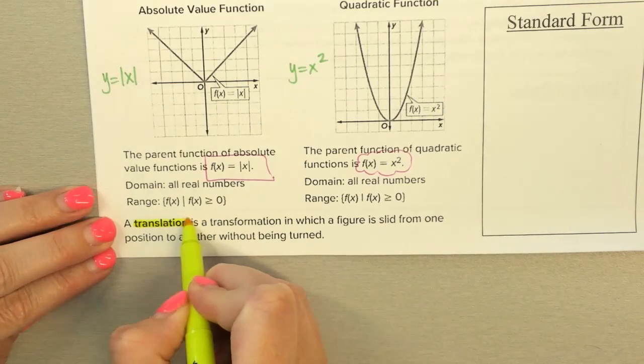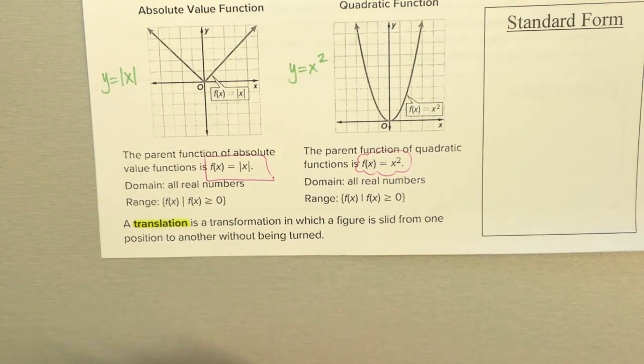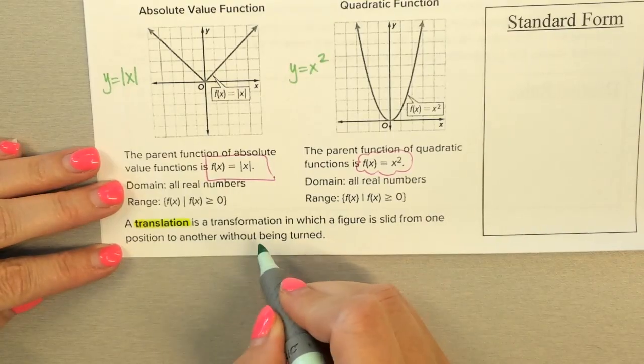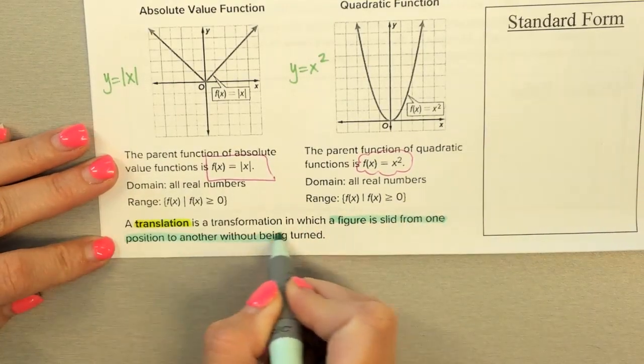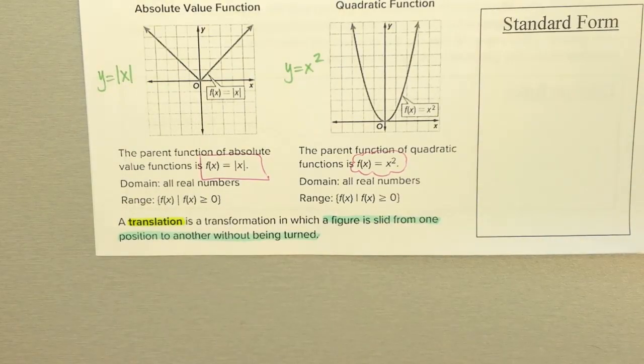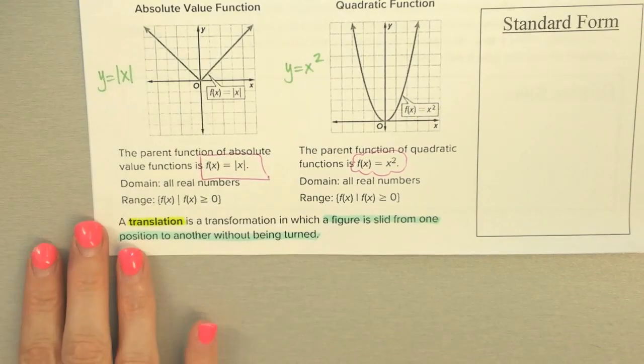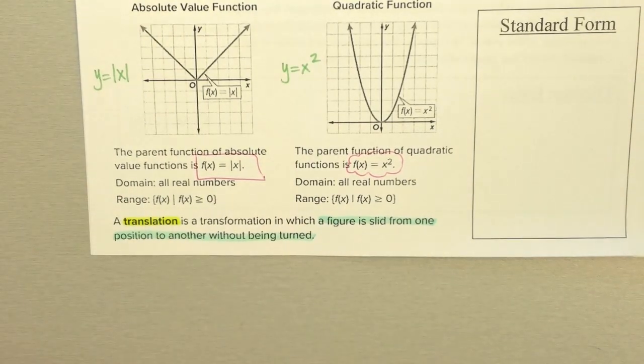We're going to talk about translations. So translations happen when you just slide a figure from one position to another and you don't turn it. Okay, so you can slide it up or down, left or right, and we have a few rules that are going to go with that.